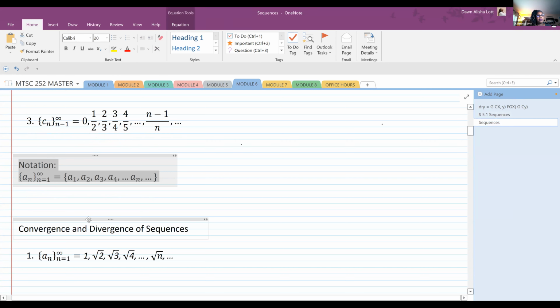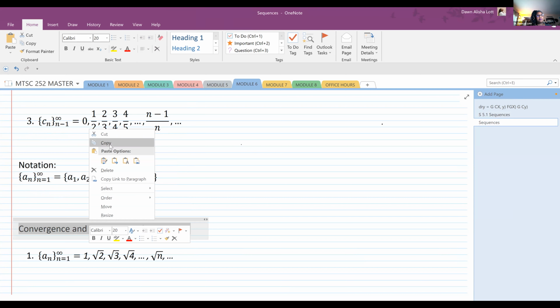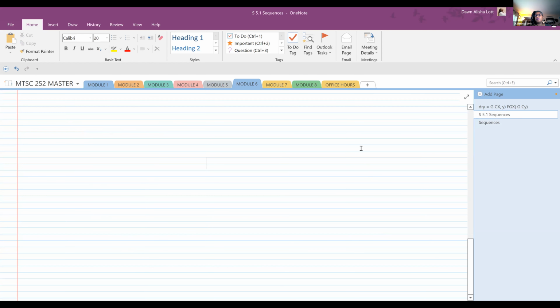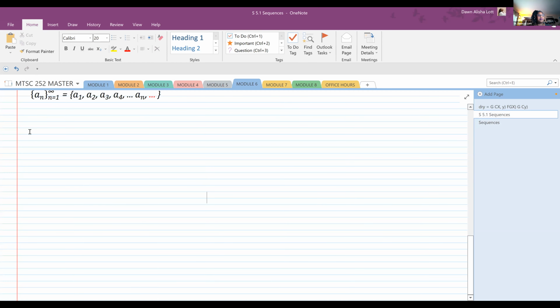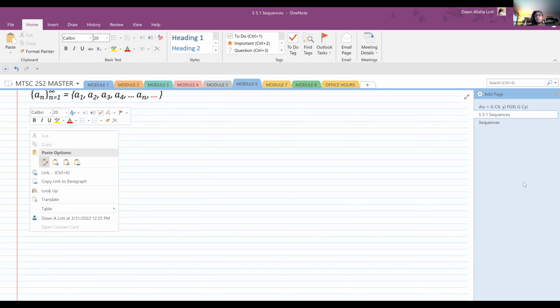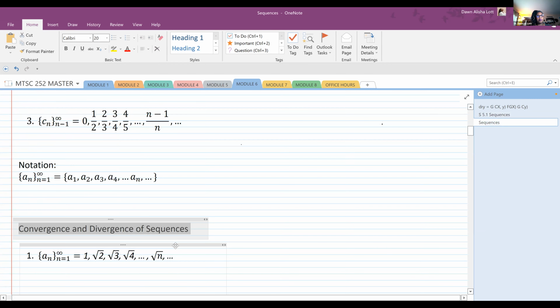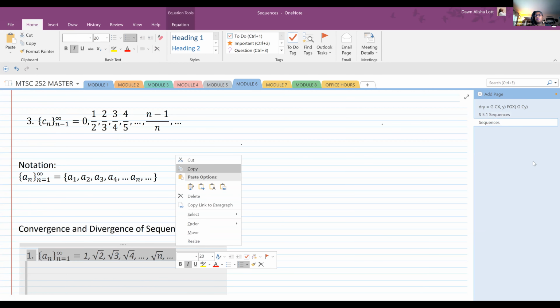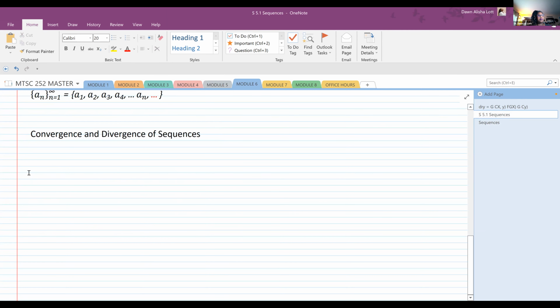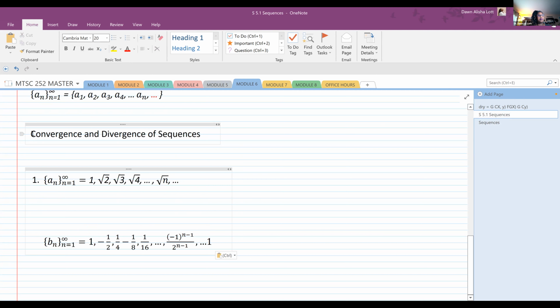All right, so let's talk about convergence and divergence of sequences. As we begin to talk about convergence and divergence of sequences, we just want to look at these two sequences.